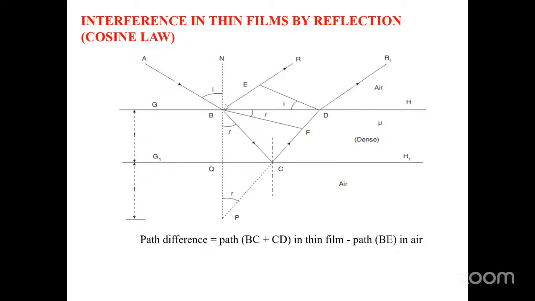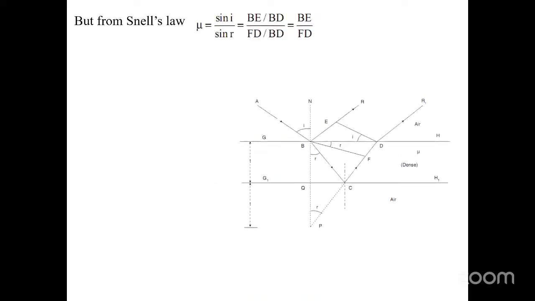Substituting the path difference, delta, in terms of refractive index mu: delta equals mu times (BC plus CD) minus BE. But you need to calculate the value of BC plus CD.